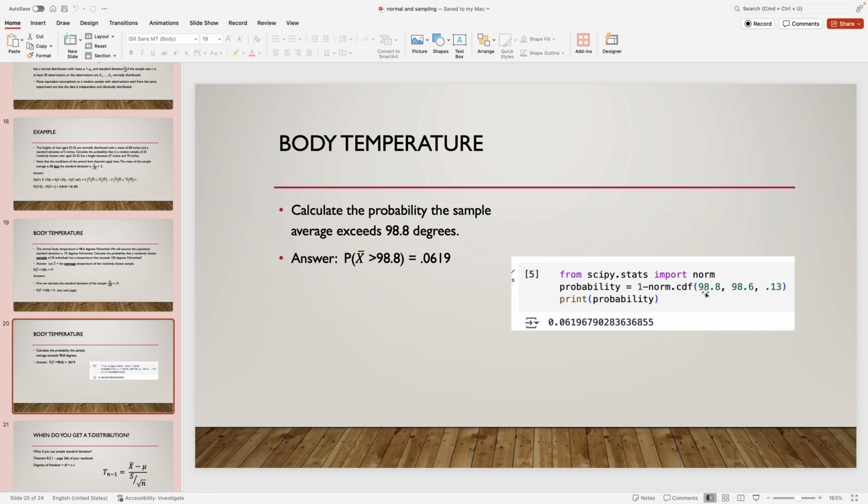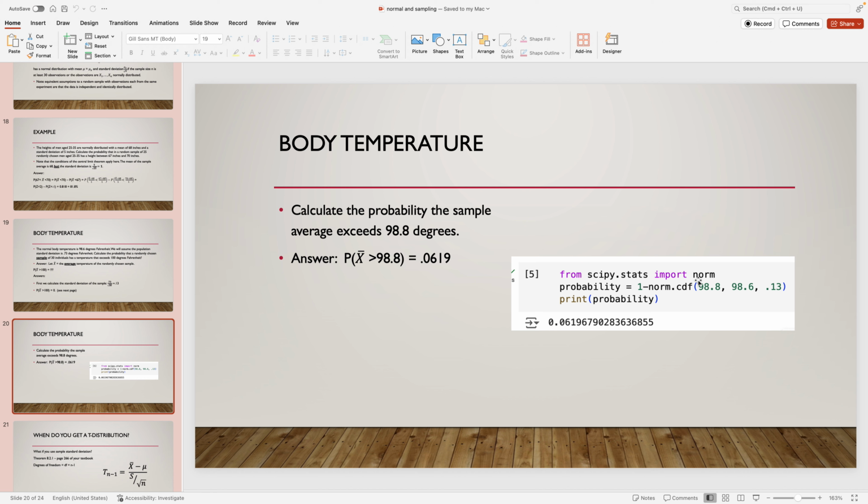I calculated this probability here, but now I did it for a different value because I didn't want us to get all probabilities that were 0. Let's just calculate that it exceeds 98.8, which is close to the population average of 98.6.